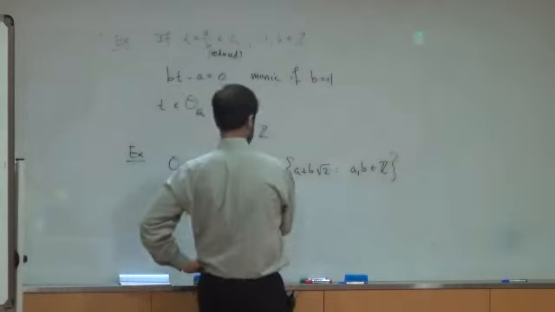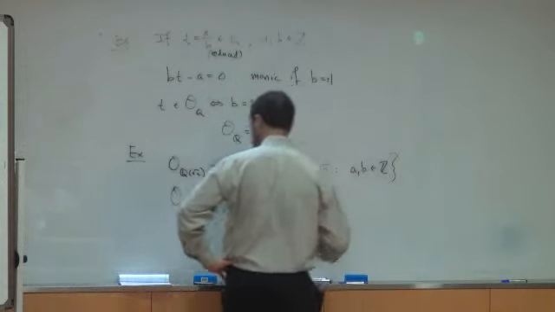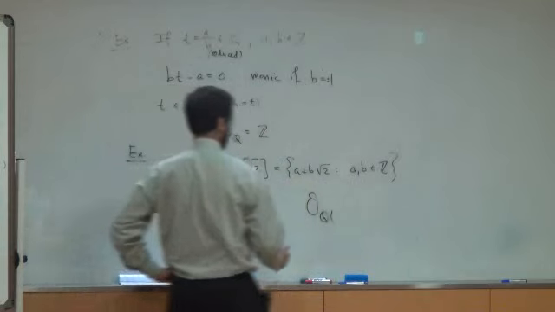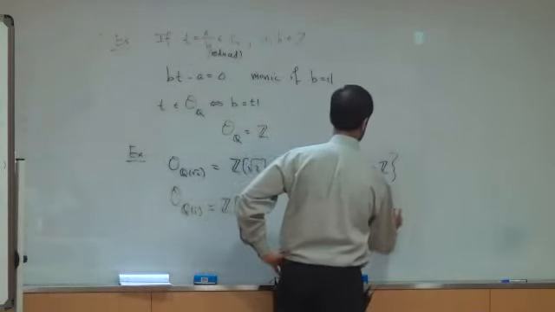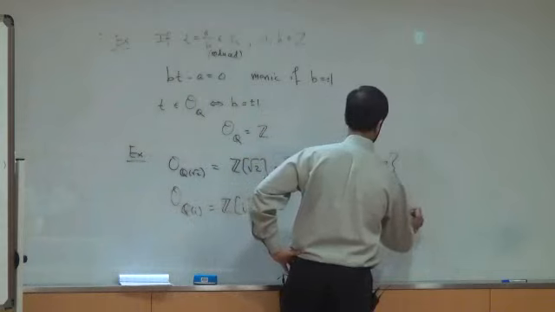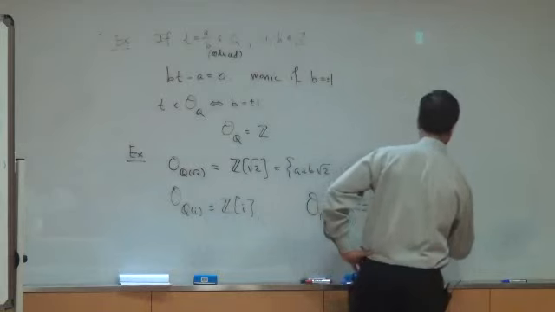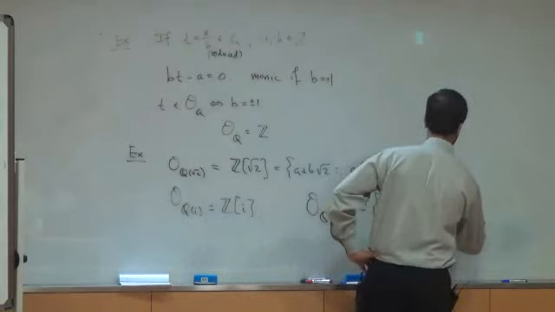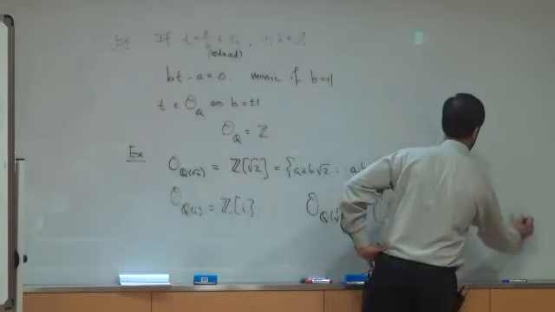But don't get too carried away thinking this always works, because the ring of integers of Q adjoin root negative 3, for example, is a little bit more complicated. It's the set of a plus b root negative 3, where you have to allow a denominator of 2, where a and b are in Z, and a is congruent to b mod 2.